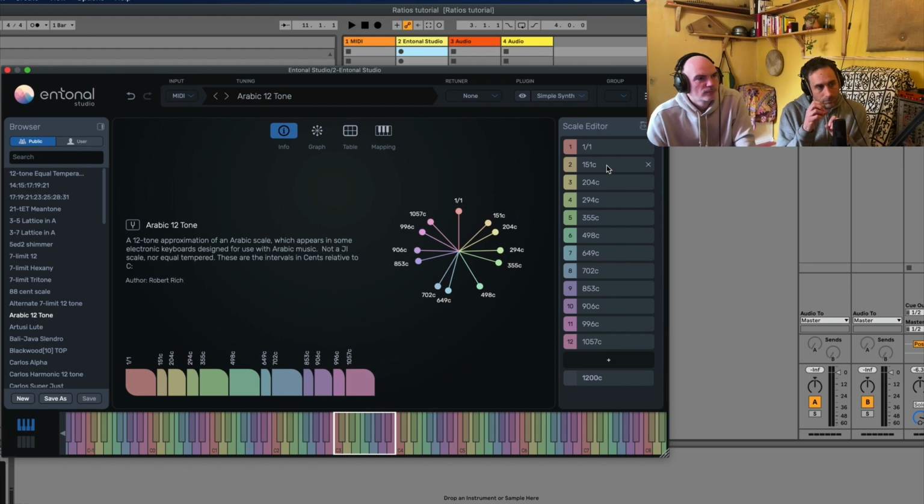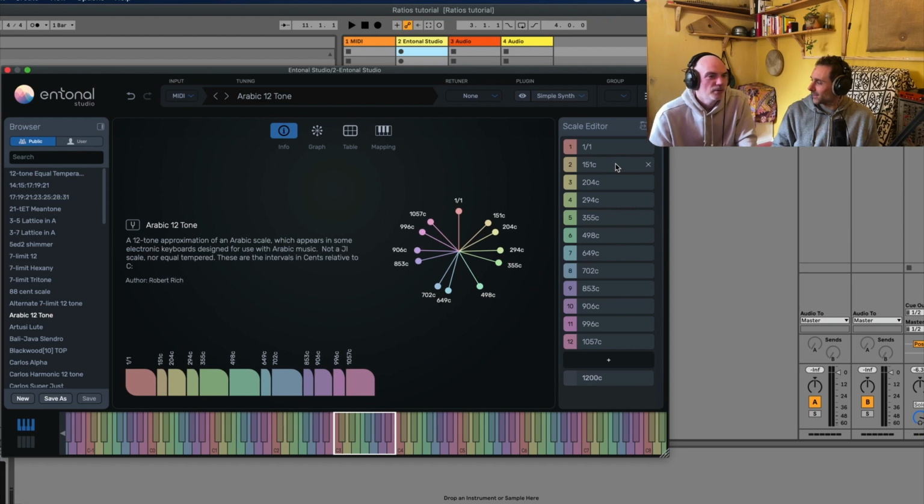Right. It's more fine-grained than that. So it's interesting. This Arabic scale has, the first interval is almost 150 cents. Just that little phrase has an Arabic feel to it, right? Totally, yeah.